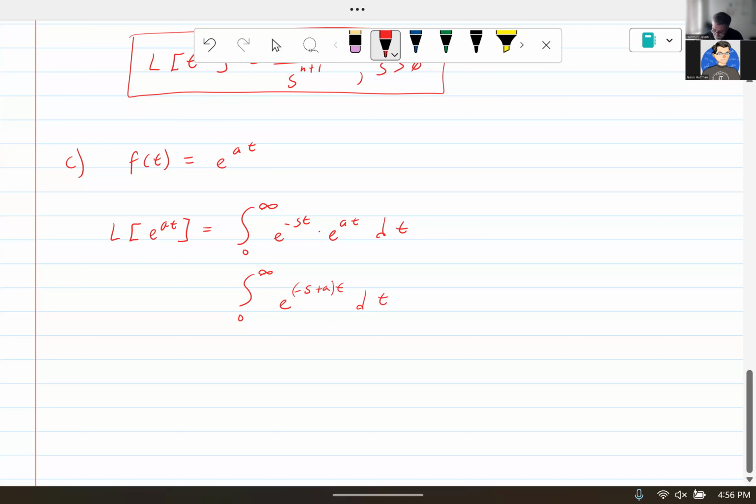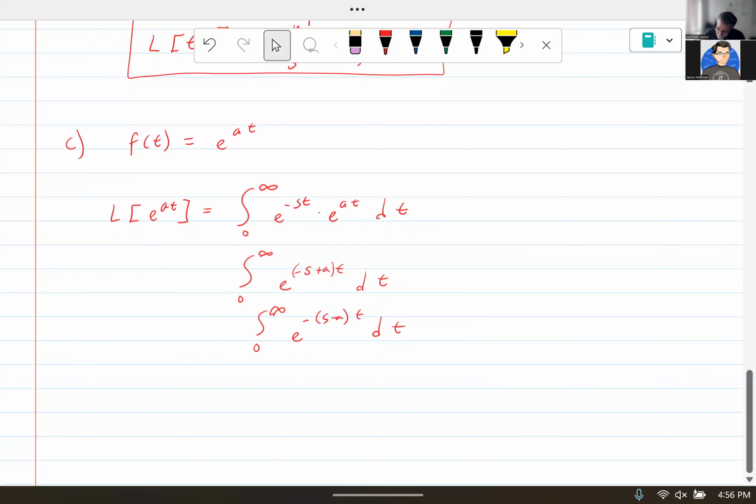And then I'm going to change this again. I'm going to factor out a negative, just so that it gets the right form that I want: e to the negative (s minus a) t dt. Okay, so I have a negative there, which is nice, because I'm going to want to take a limit of that, and if it's negative, then that thing's going to go to 0.